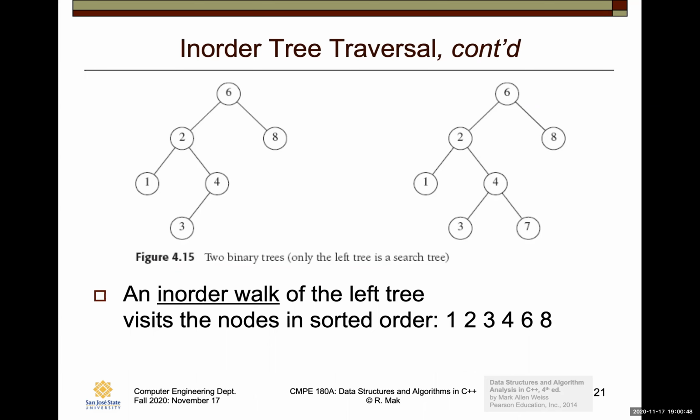So this is an in-order tree traversal, and of course we can talk about in-order only for a binary tree, because in-order says you visit the node in between visiting the left child and the right child. And if it's a binary search tree and you do an in-order traversal, then you end up visiting the nodes in their sorted order.